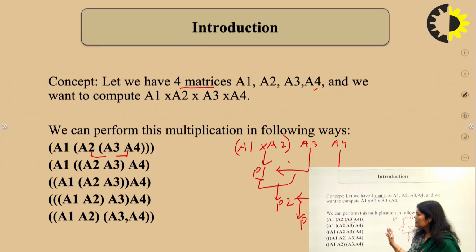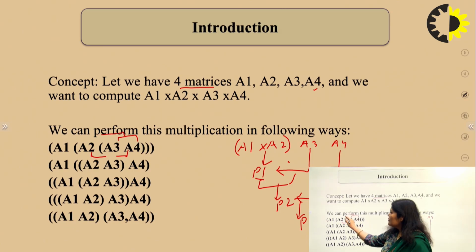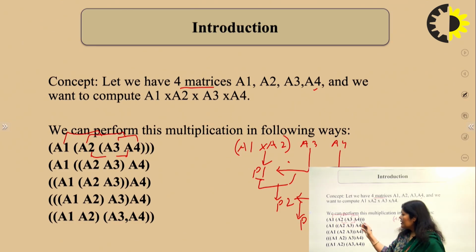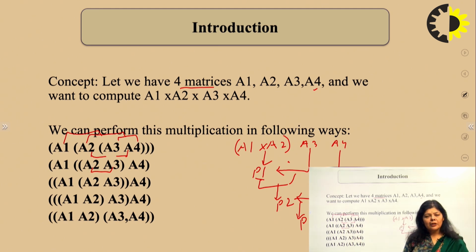In this case, the first expression says that we first pick up these 2 matrices together, then whatever product is generated, we multiply it with another matrix, and then we multiply the product of this with A1. This is one sequence of performing the same matrix multiplication. In another way, I can first pick up A2 and A3 and multiply them.